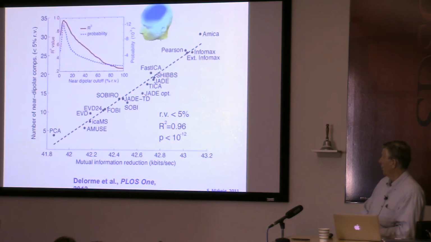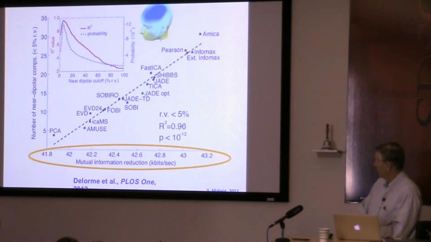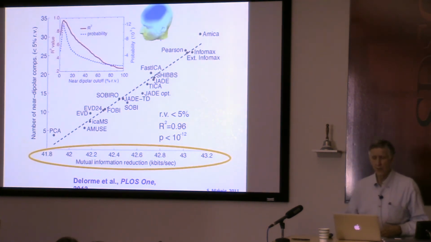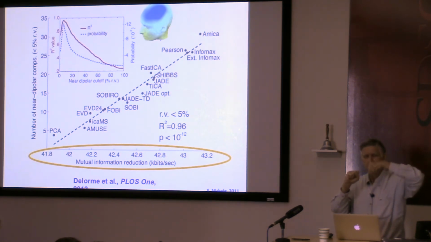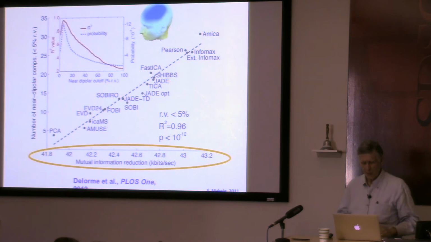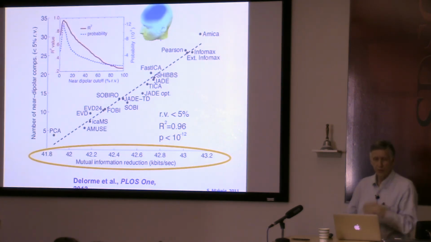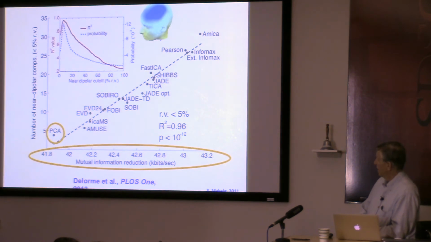So here was the key result in the paper. Here are 18 algorithms to do linear decomposition, starting with PCA down in the left corner. Jason Palmer gave us a measure of how much mutual information was squeezed out of 70-channel data by the ICA transformation. Very nice measure. There's a function for it.